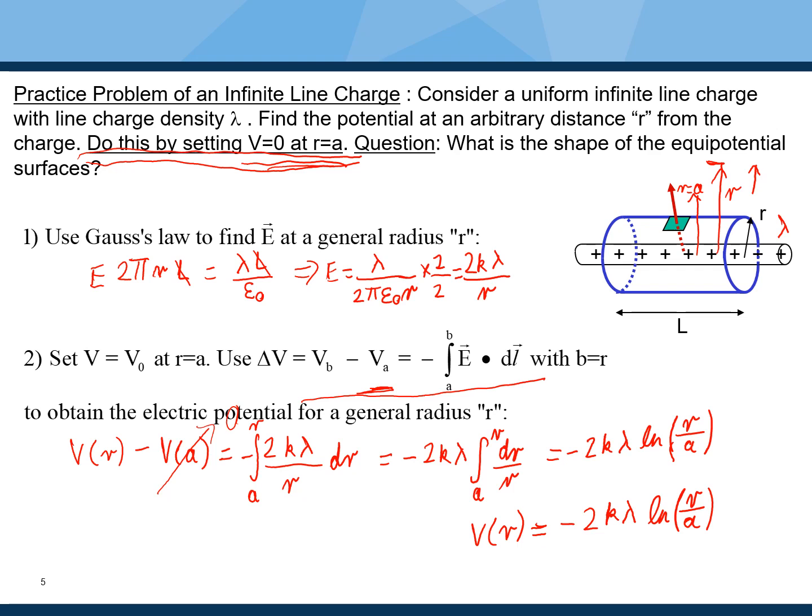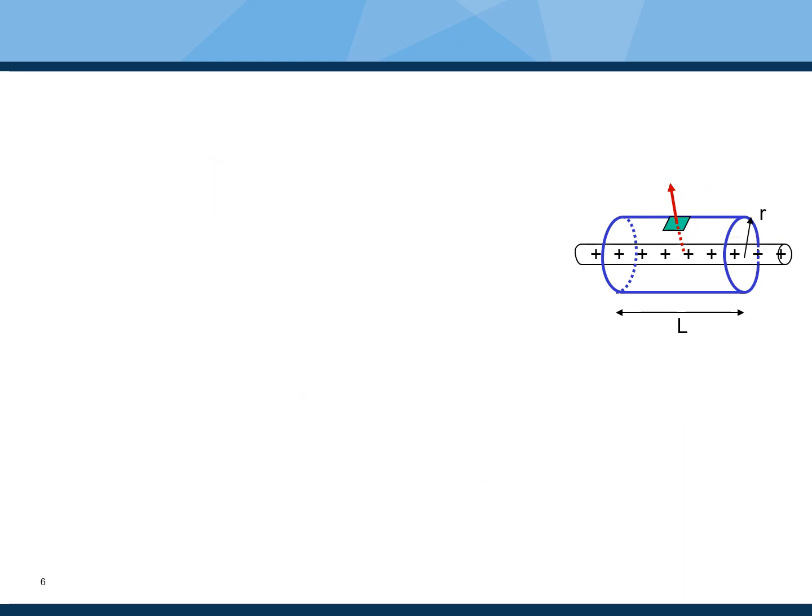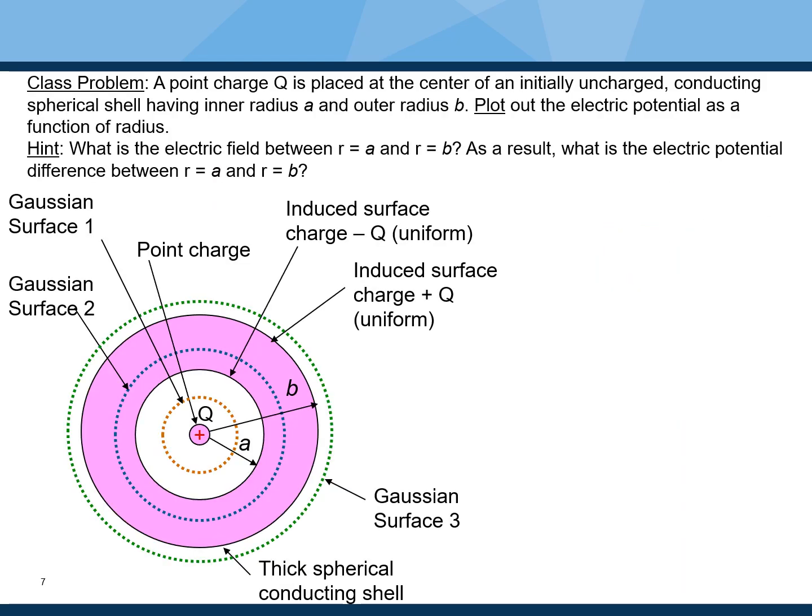So with this, let's move on to what is perhaps the last problem in this set. This problem describes a situation where we initially have an uncharged conducting spherical shell, which is the outer pink shell shown out here, and it has an inner radius of a and an outer radius of b.